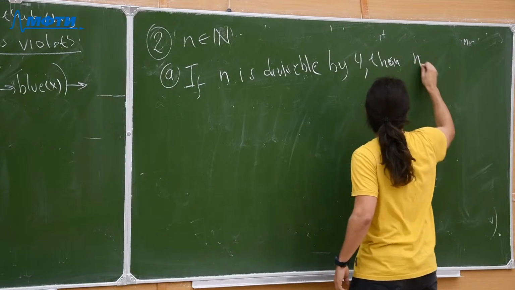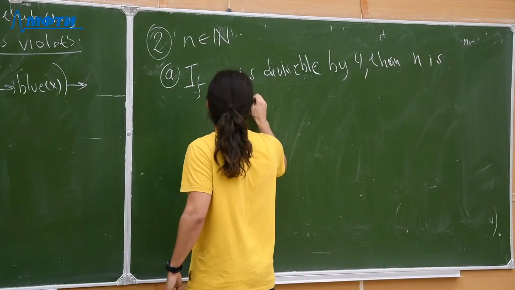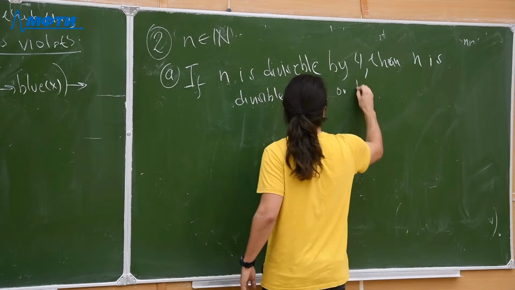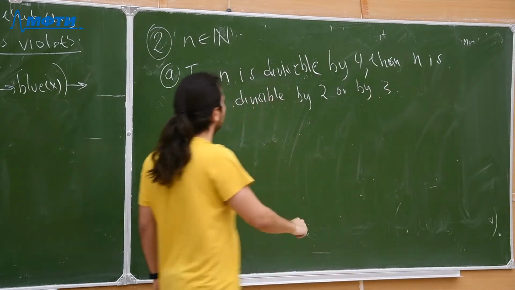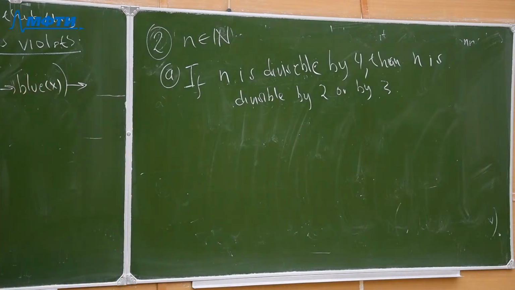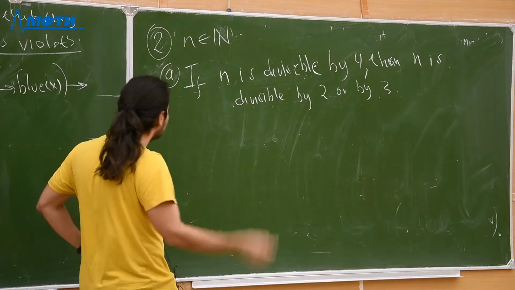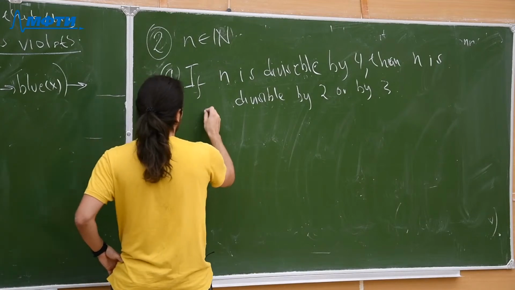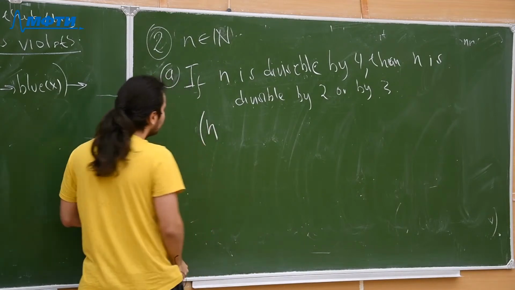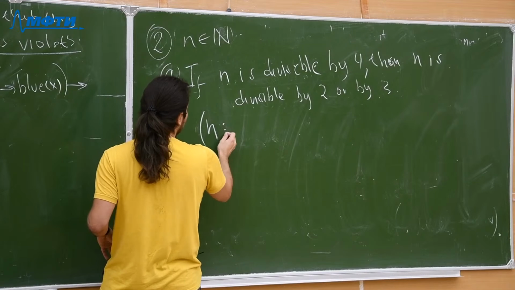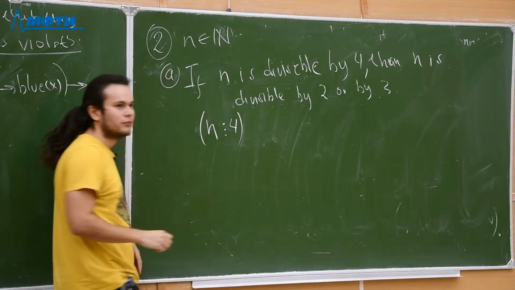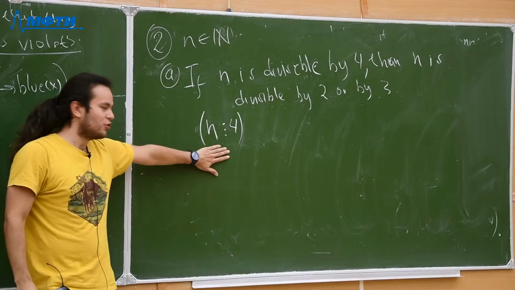So is it true or false? Let's write it more clear, okay? So if you can divide n into 4, let's just use this notation.